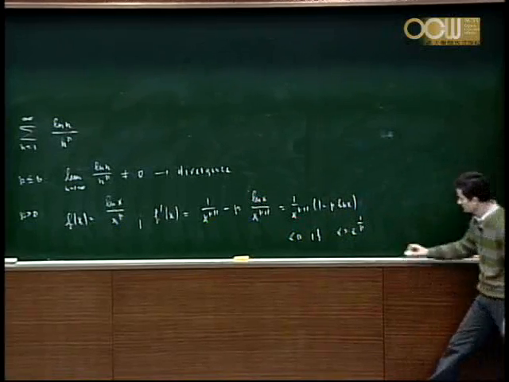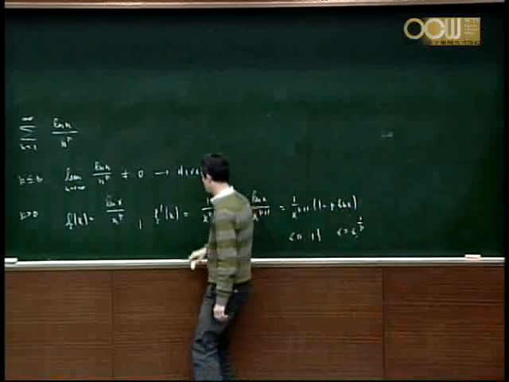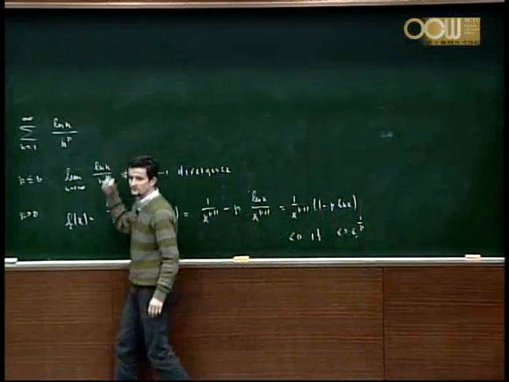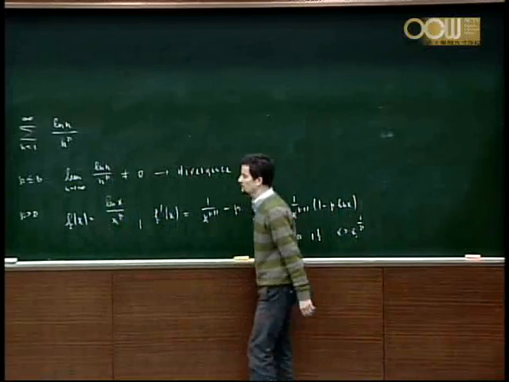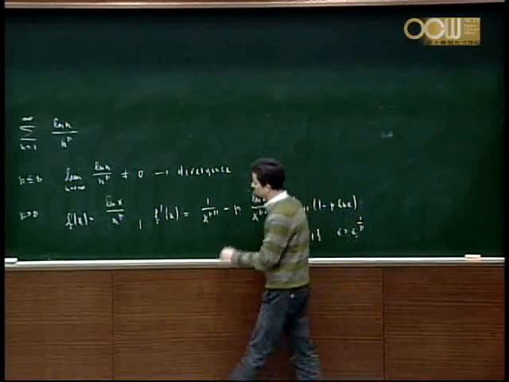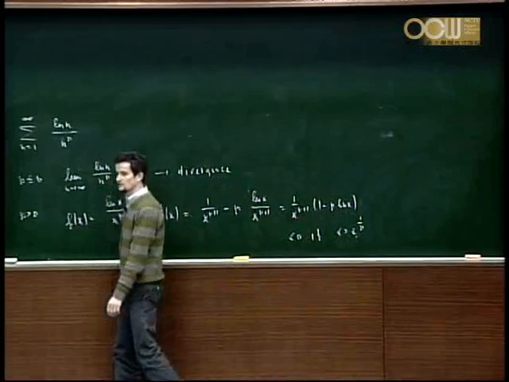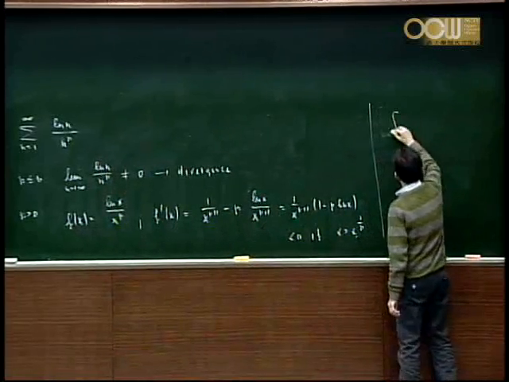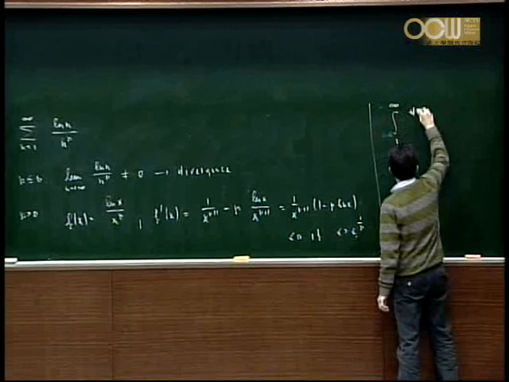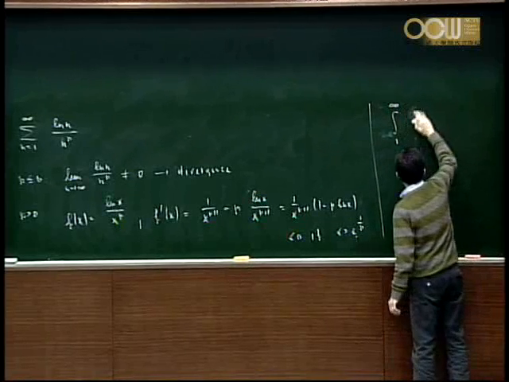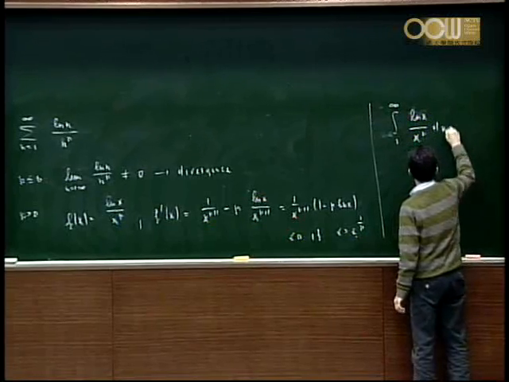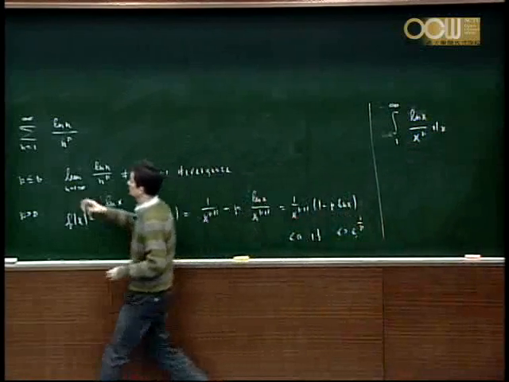Okay, so this is enough, because starting from some point, this function here will decrease, and from this property we know that it's enough to look at the integral. So what we do is we look at this integral of ln x over x to the p dx, instead of looking at this series.